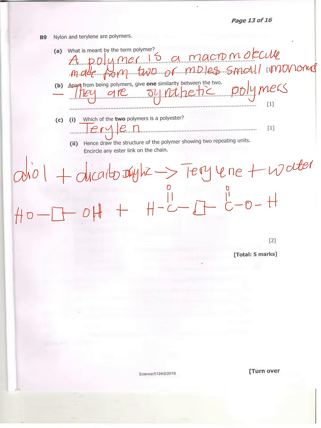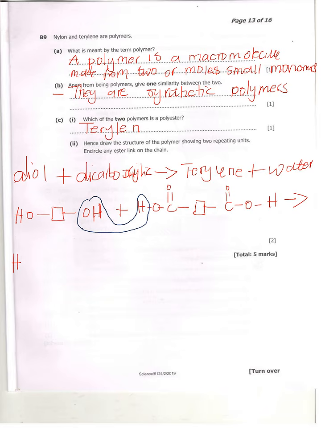Now we can see that we have these two carboxylic functional groups. For us to make the structure, you need to remove the hydroxide from the dicarboxylic acid and the hydrogen from the diol in order to make this terylene.